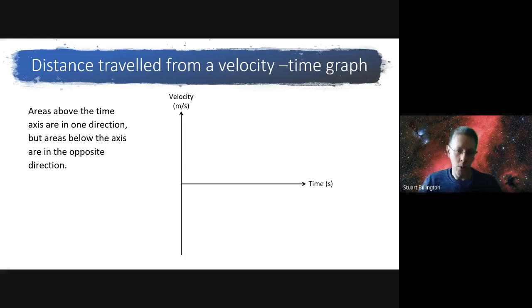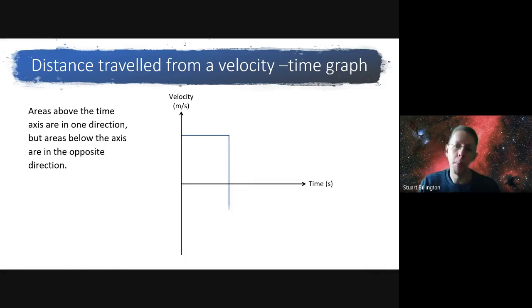So we've already noted that we have to be careful with an interpretation of the gradient for the acceleration, because what happens above the time axis for positive velocities is a little bit different to what happens below the time axis for negative velocities. And that is true of this as well.